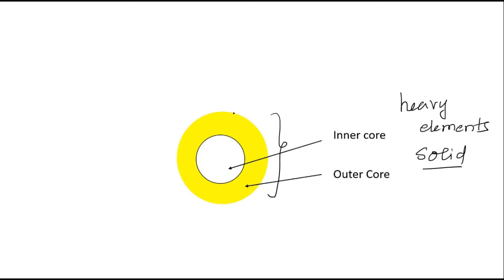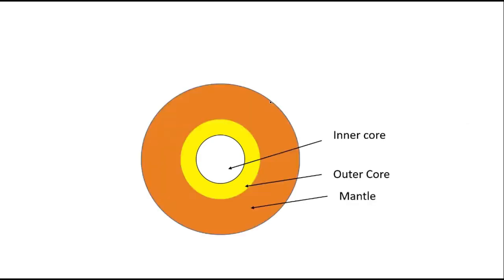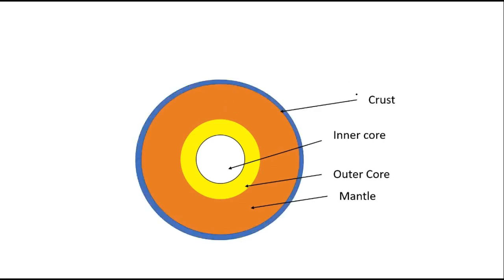After this we have a layer called the mantle. Here we need to discuss more, and this is the layer which is more responsible for the movement of those so-called plates. And the very thin layer on the top, which we use for agriculture, cultivation, to move around, to construct houses, is called the crust.